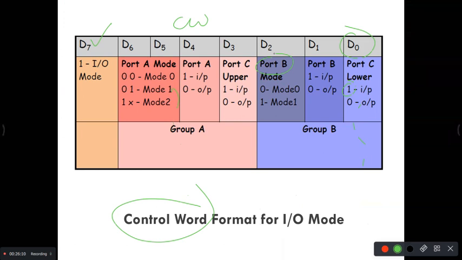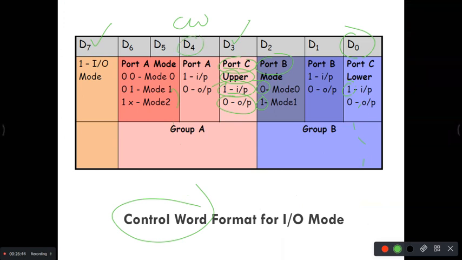Suppose you want to use port B in mode 1 operation, use 1. Have you understood this? Okay. Now, let us come to D3. D3 corresponds to port C upper. So for port C upper, if you want to make it an input port, make that D3 bit 1. If you want to make it an output port, make that bit 0.